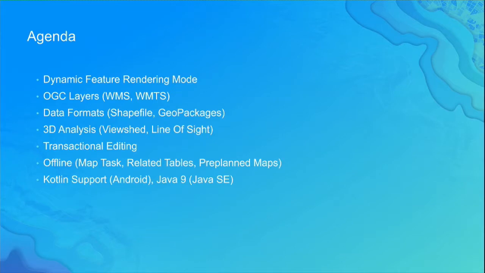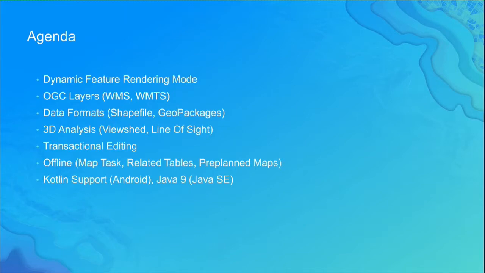Okay. So what did we have new in runtime? This may not be very specific to Java and Android only, but some of these features are also part of the runtime in general. So we have dynamic feature rendering mode, which is a new rendering mode for our feature layers.